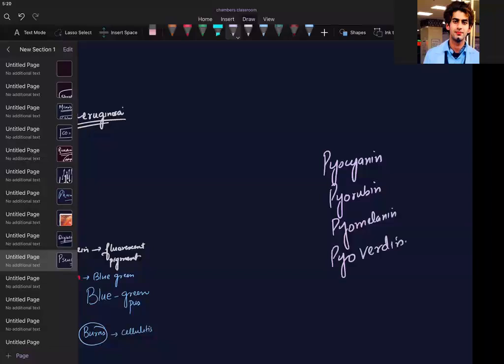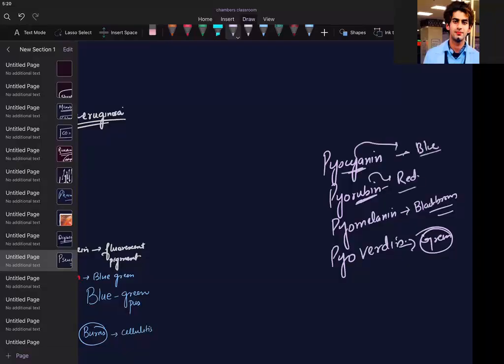Pyoverdin is the wording we use for green. Pyomelanin is for melanin pigment, which gives blackish brown color. Pyorubin, rubin is for ruby, and ruby stands for red. Cyan stands for blue.